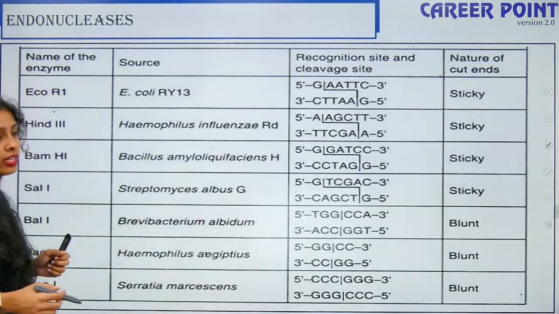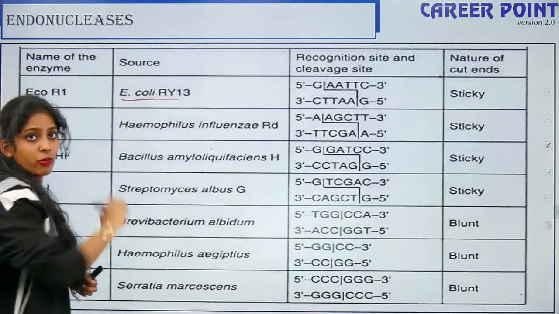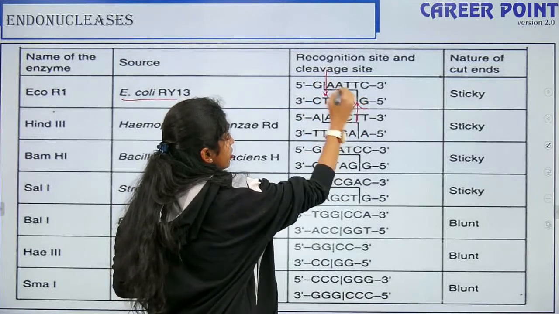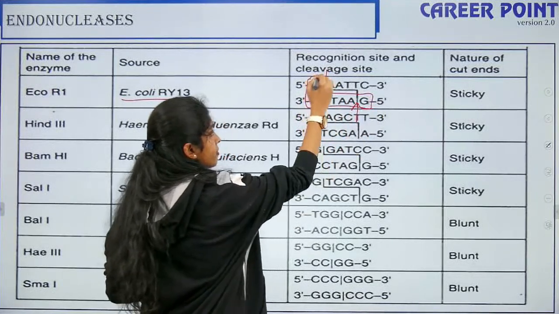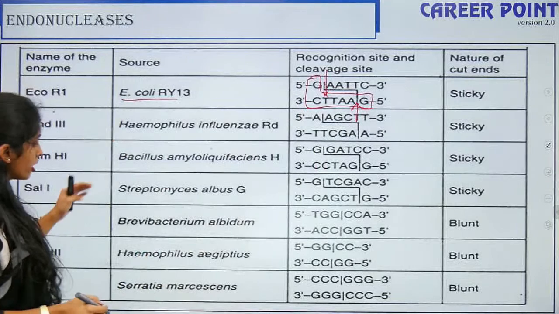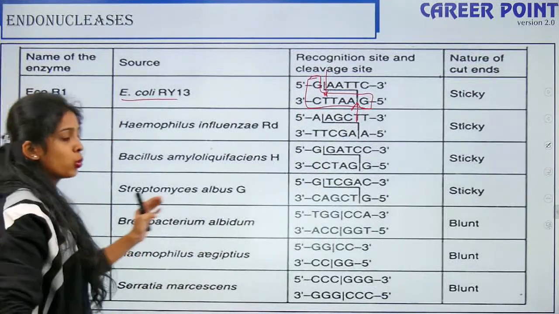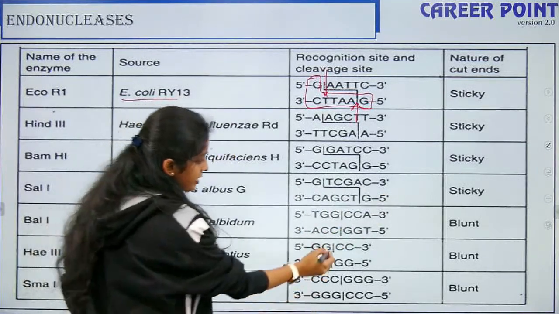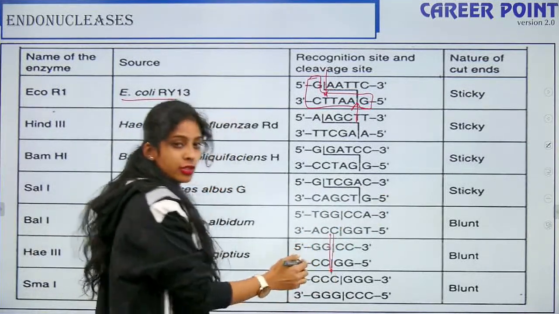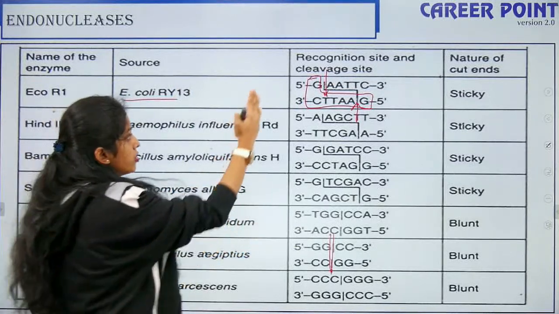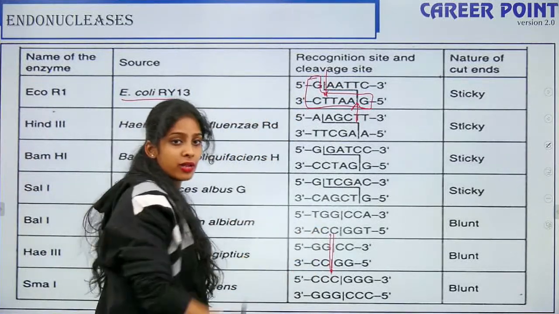If you look at this figure, again it's an example of EcoR1, so it will cut exactly here and here. So it leaves a sticky end. But there is also HaeIII, which is also a restriction enzyme, which will give you blunt ends, meaning it will cut exactly at this position. So when it exactly cuts in the middle, it gives you blunt ends. So this gives you sticky ends, this gives you blunt ends.